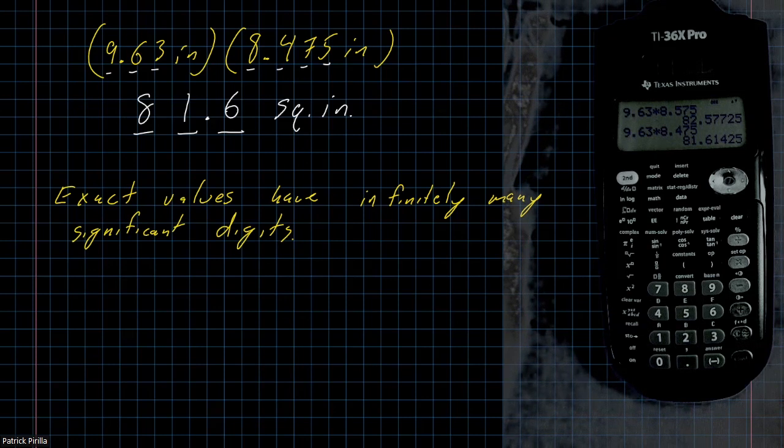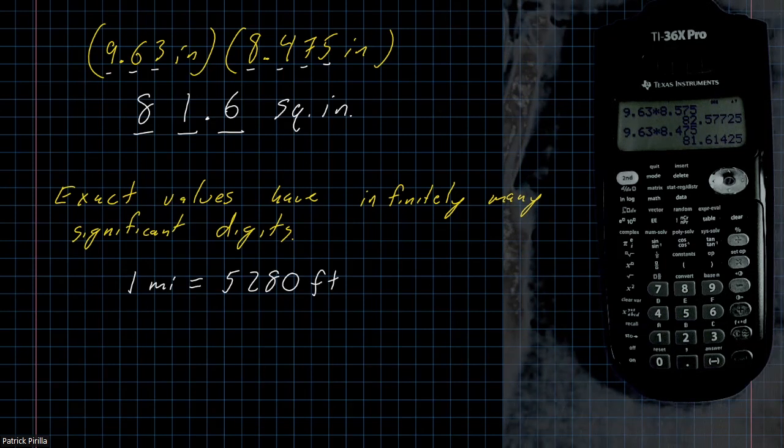And multiplying by an exact value is actually fairly common. Unit conversions are exact values, right? 1 mile is exactly 5,280 feet.